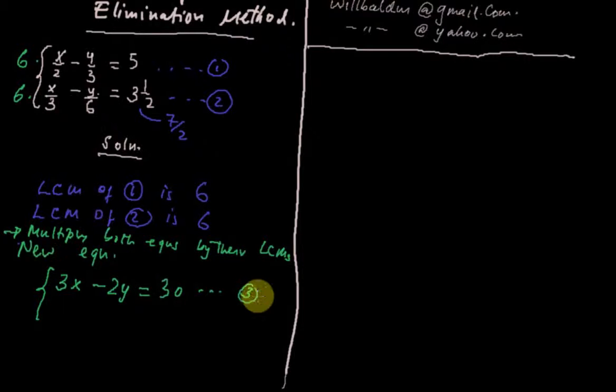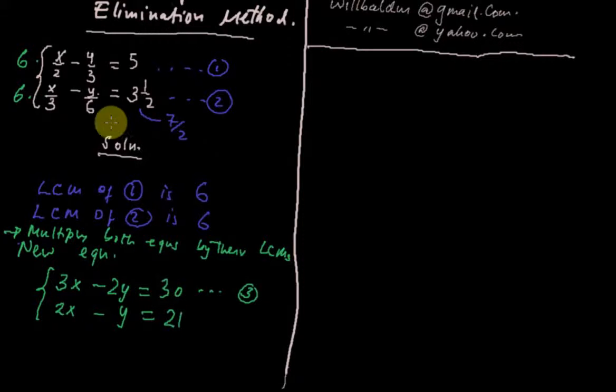It is a new equation, so I call it number 3. If you call it number 1 again, it will not look right, so better write it as new. Here 6 divided by 3 is 2x, minus, both equations were minus, 6/6 is 1, so this is minus y, and this is equal to 6 divided by 2 times 7, that is 3 times 7, which is 21.